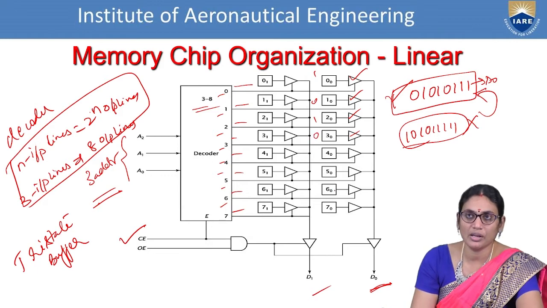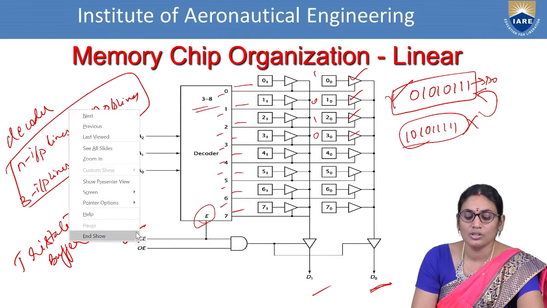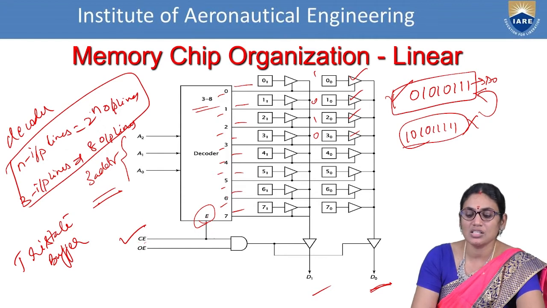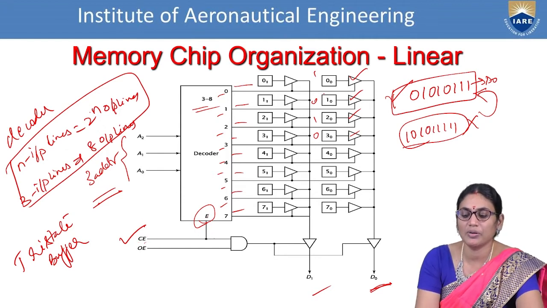Now, I am changing my data with a new value. To enable this, we enable the enable pin, and this enable is maintained using the chip enable pin. When the chip enable is activated, the corresponding bits get activated and it presents the information to the corresponding bits.